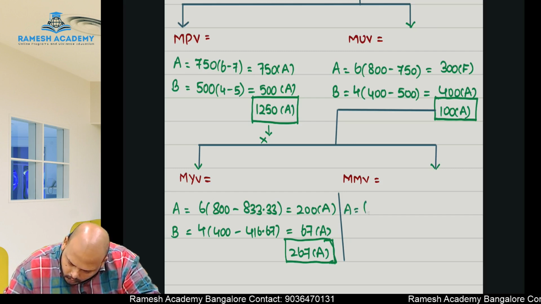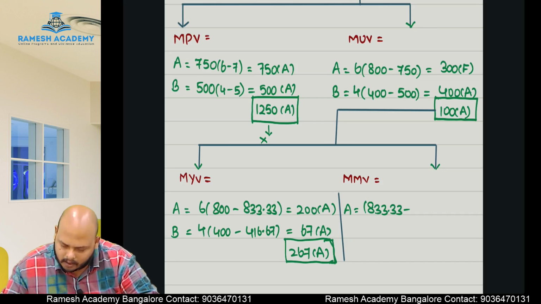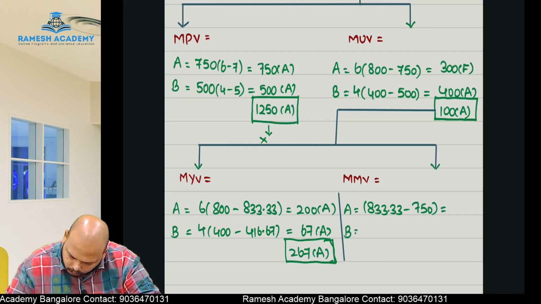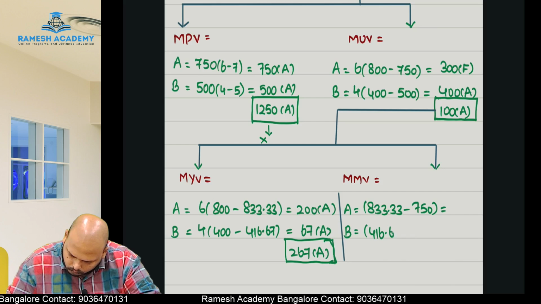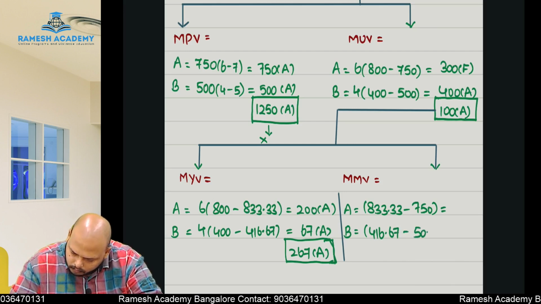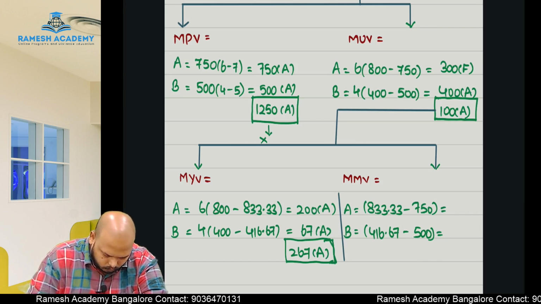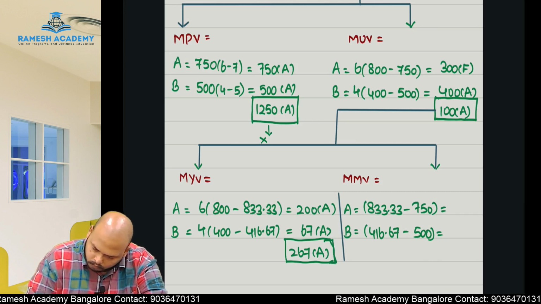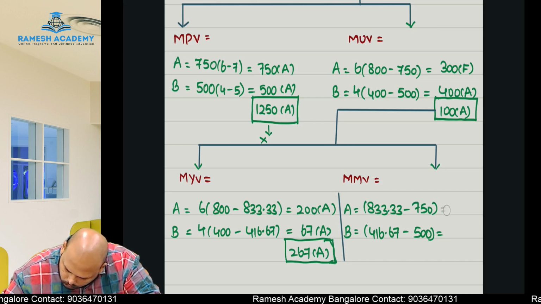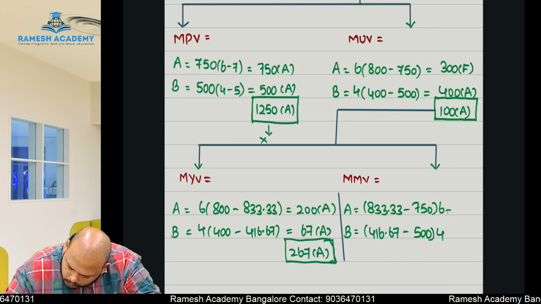Now let us calculate the mix variance. A: your revised is how much? 833.33 minus. What is your actual? 750. B: 416.67 minus. What is your actual? 500. You have to multiply with standard price, 6 and 4.